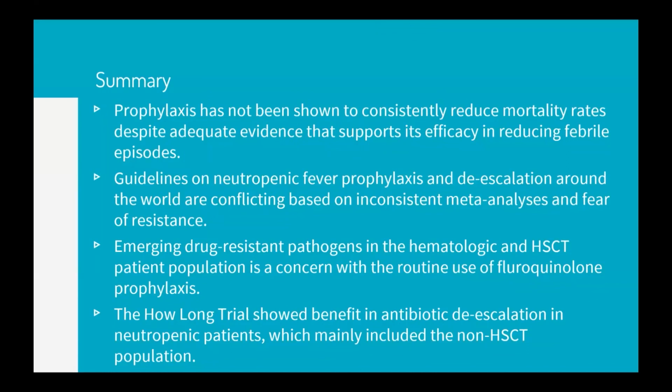Third, emerging drug-resistant pathogens in the stem cell transplant patient population is a concern with the routine use of fluoroquinolones. And then lastly, the How Long trial showed benefit in antibiotic de-escalation in neutropenic patients, which mainly included the non-stem cell patient population.